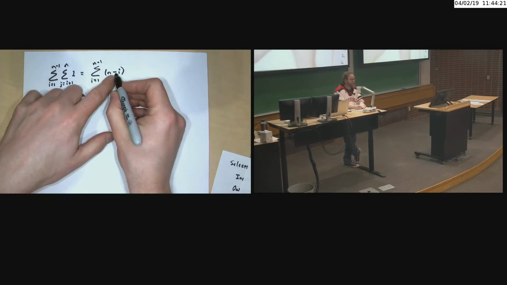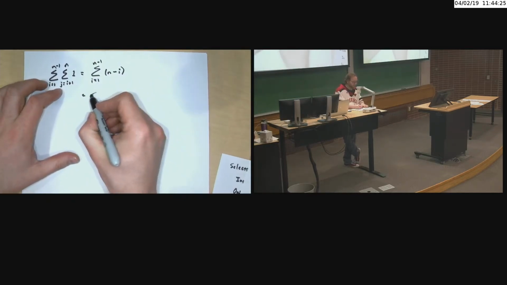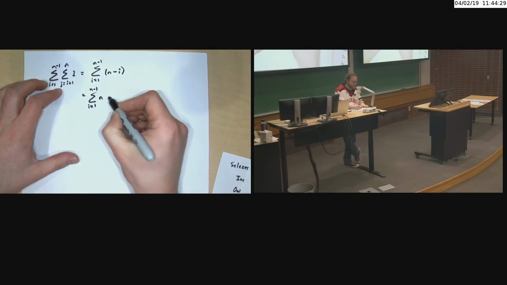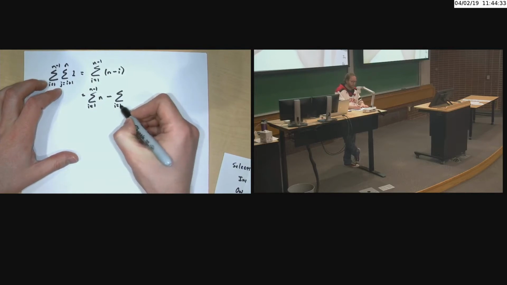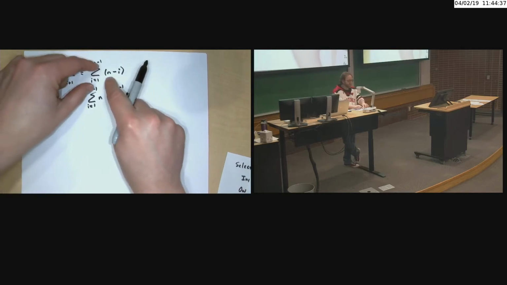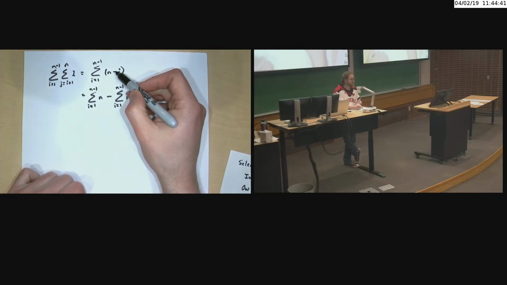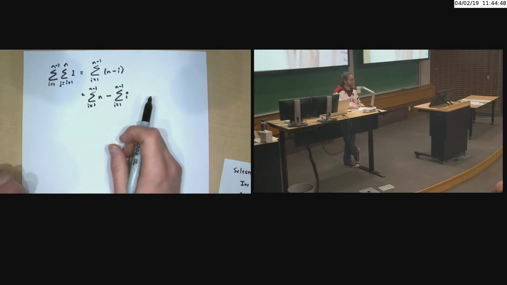Well, this is a summation of n plus negative i, so you can split this up into 2 summations: i running from 1 up to n minus 1 of n, minus, and I'm just taking the negation out front here, the summation of i from 1 up to n minus 1 of i. All I'm doing is splitting up this summation. If this were multiplication, I couldn't do that because the limit of multiplications is not equal to the multiplication of limits. But in this case, it's a summation, so I can split those sums up.